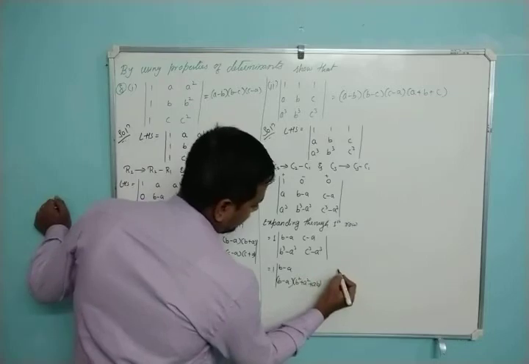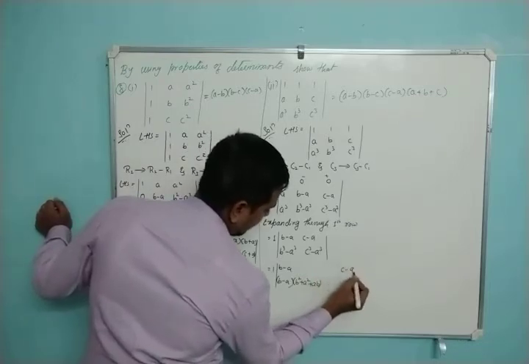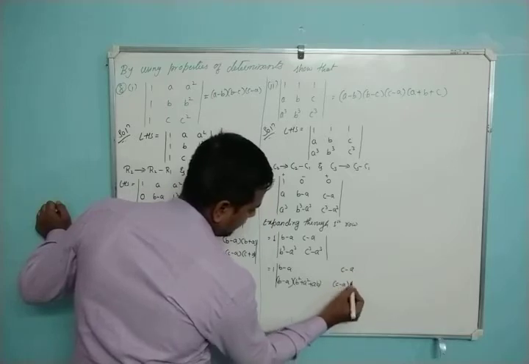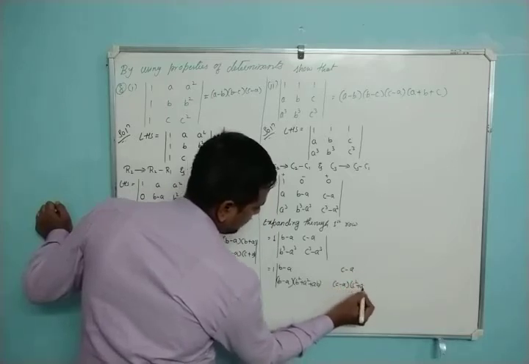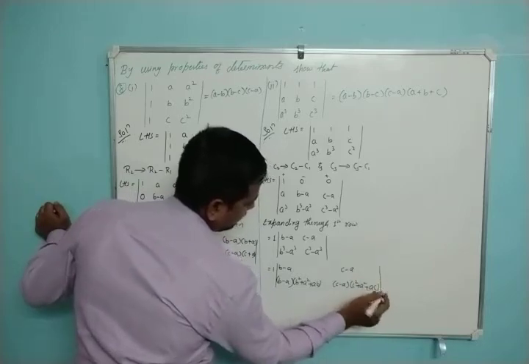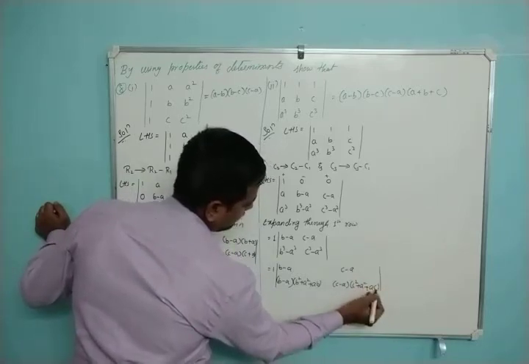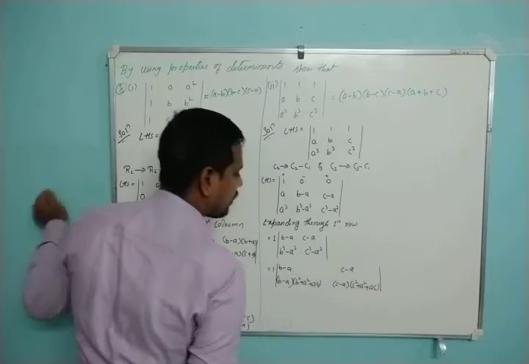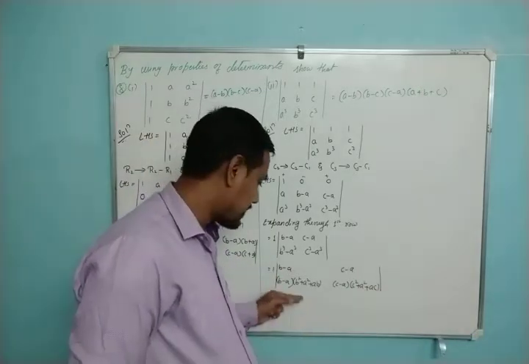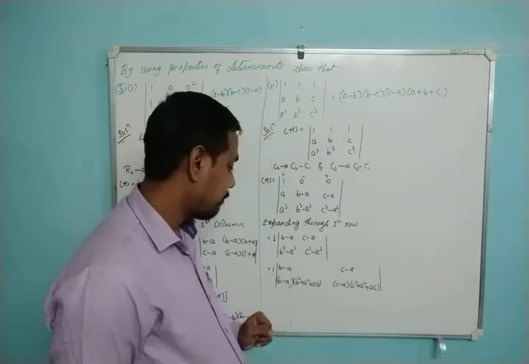And similarly, C minus A as it is, C cube minus A cube is C minus A into C square plus A square plus AC. This is how it can be written. This is of the form A cube minus B cube, the expansion of A cube minus B cube.